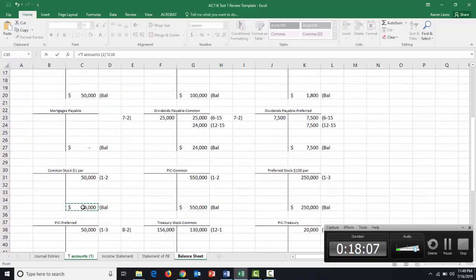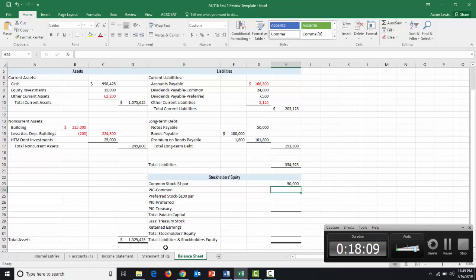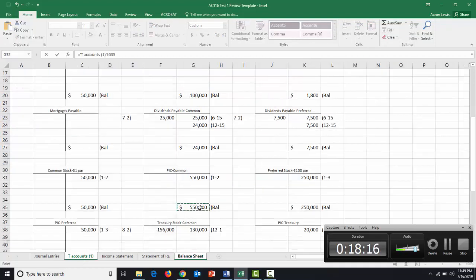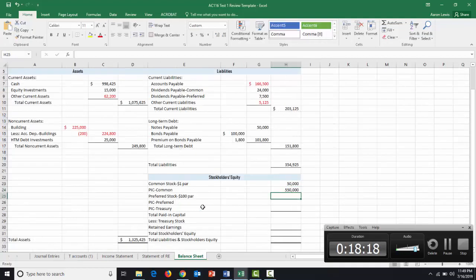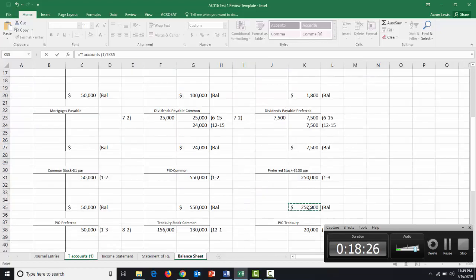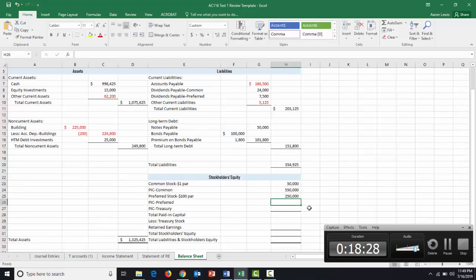We click on it, we hit enter, and it brings that number over for us. Next, we have our paid-in capital in excess of par, or our PIC account. For common stock, we find the balance of that to be $550,000. Preferred stock is the next thing that's listed, so we hit equals. We go to our T accounts. We find the balance of preferred stock to be $250,000. We hit enter, and we bring that number over.